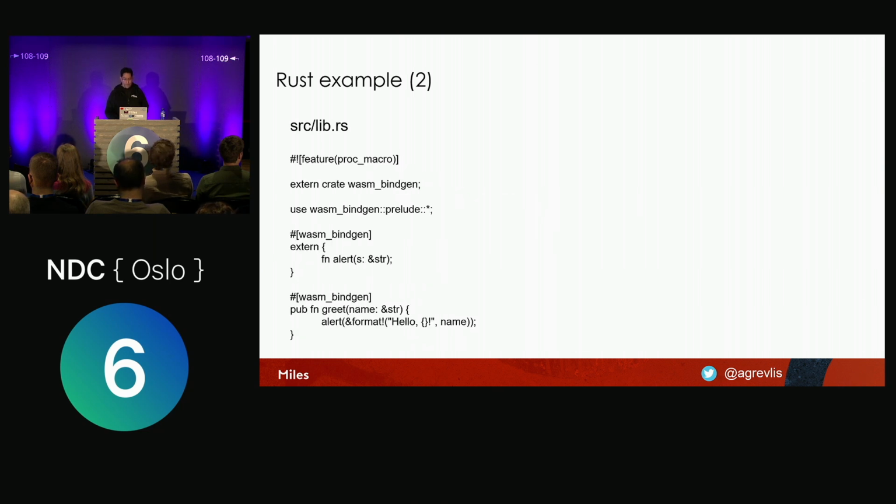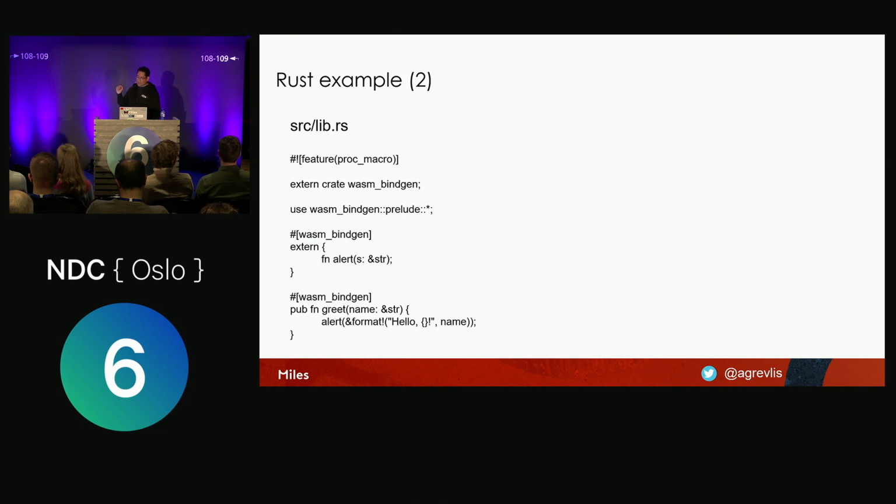So here we can have a look at the main Rust file. We need to mark up our Rust code. What we first define is that we want to use an external crate, in this case wasm-bindgen. Again, this allows JavaScript both to call the Rust API and vice versa. Then, using wasm-bindgen, we define an external function.